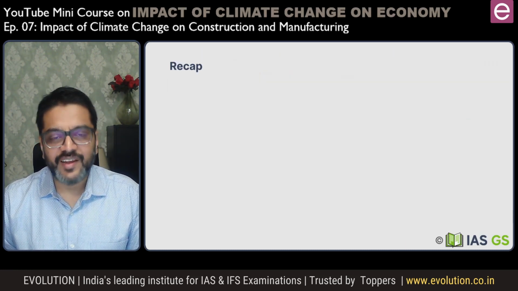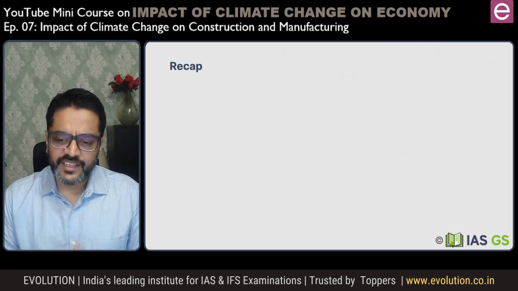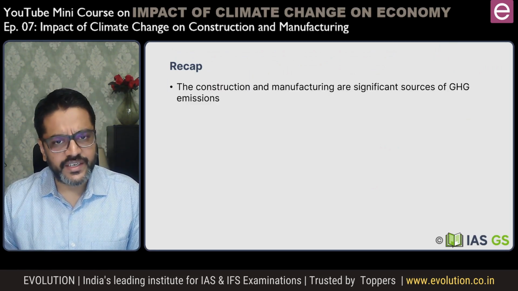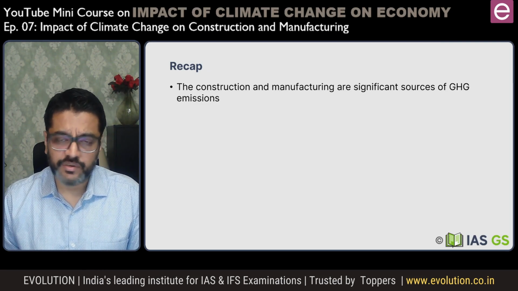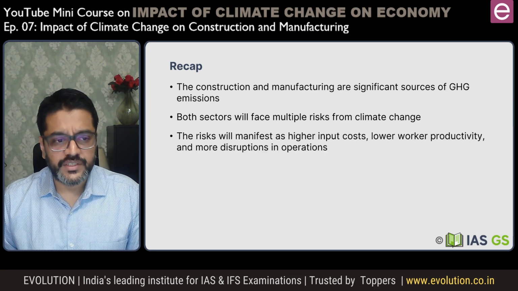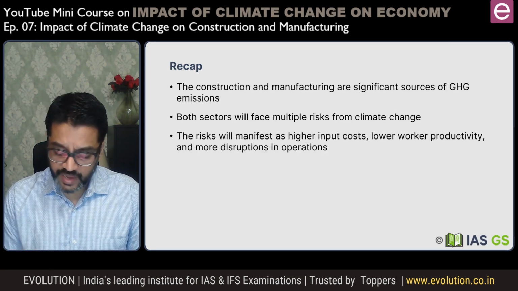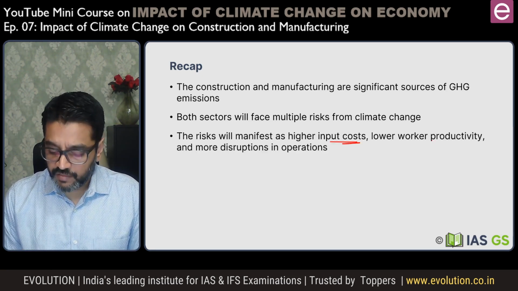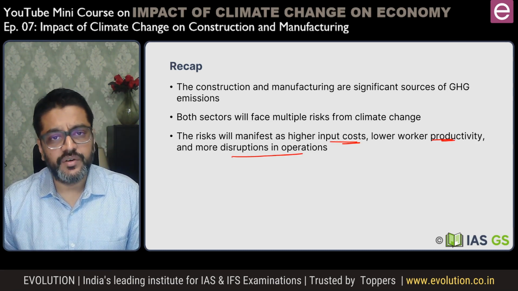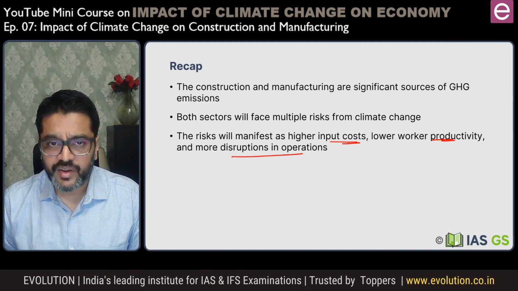Before I let you go, I'll quickly recap so that everything that we discussed is fresh, right, in your memory. So these two sectors are significant sources of greenhouse gas emissions themselves, and they will face multiple types of risk from climate change. And then majorly what will happen is that their costs will increase, worker productivity will decrease, and operations are likely to face more disruptions because of higher frequency of intense climate events, right?